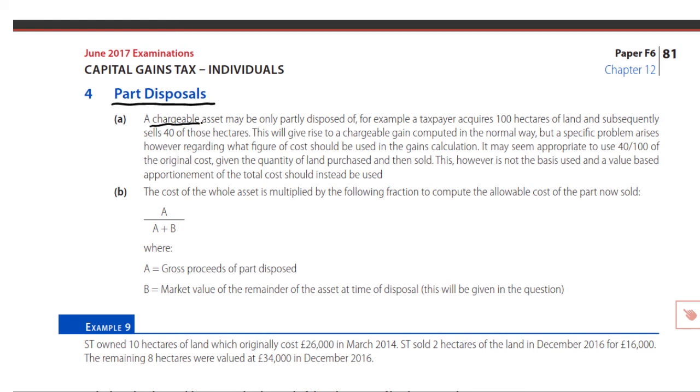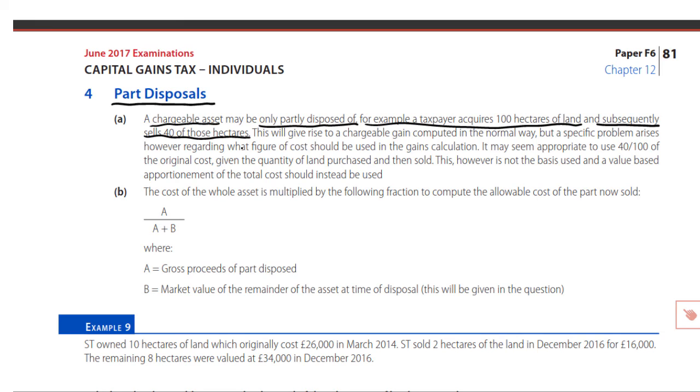So, a chargeable asset may be only partly disposed of. For example, the best example here, the easiest one to look at, is something like land. Taxpayer buys 100 hectares of land and subsequently sells off 40 of those hectares.